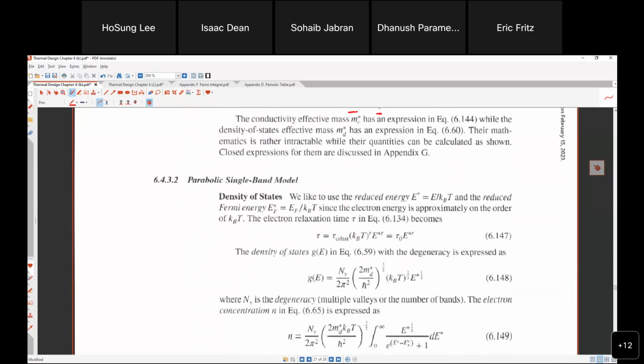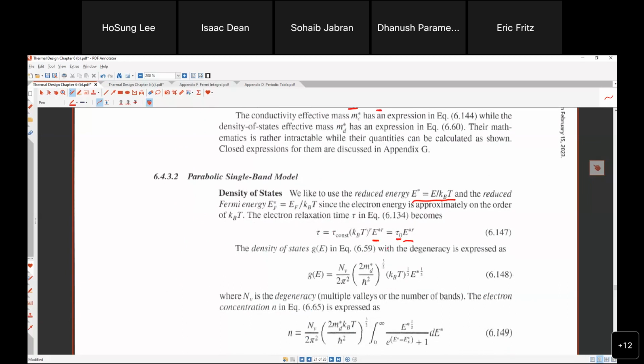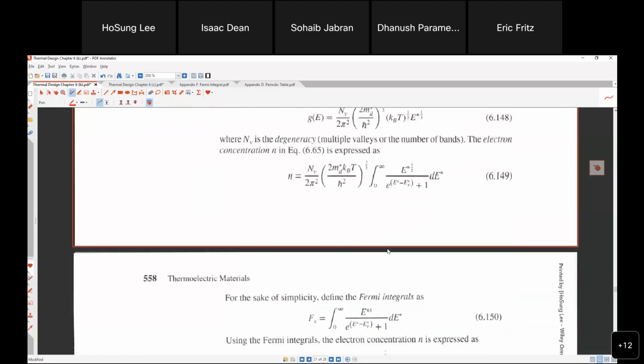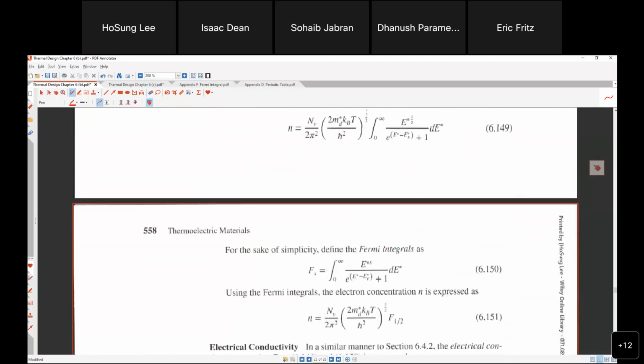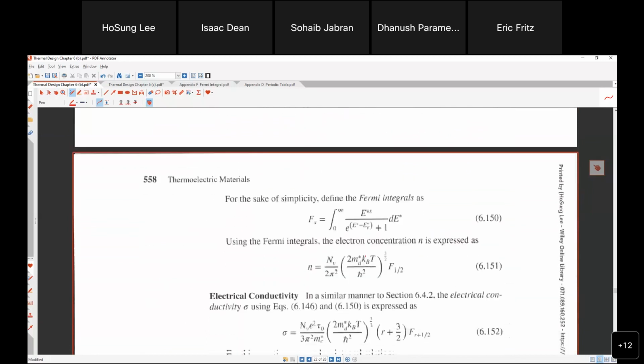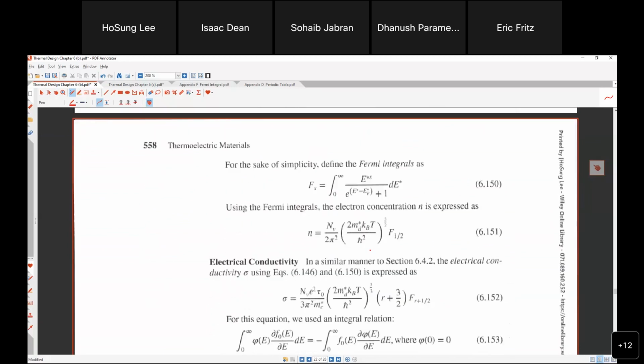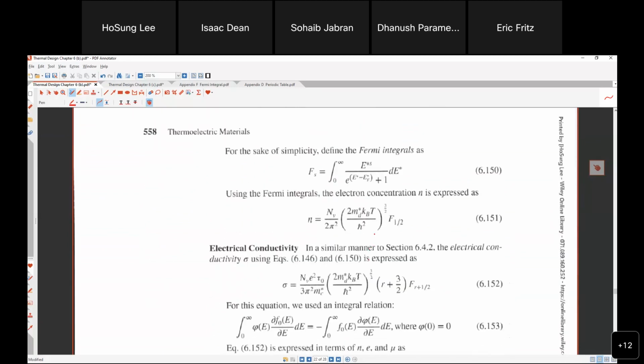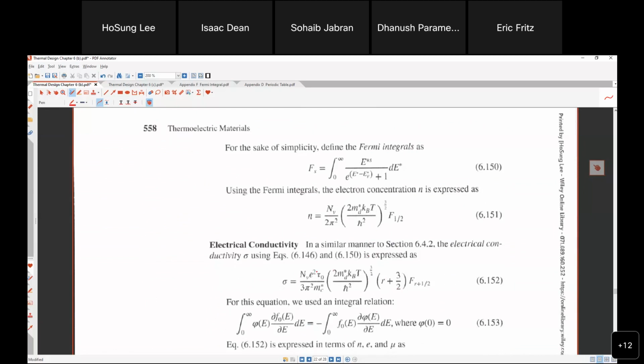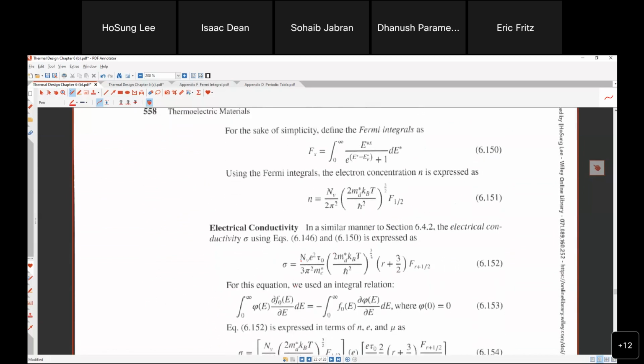Now we're back to the power law. In terms of reduced Fermi energy, the Fermi energy divided by kBT, and then a constant. Then we develop the Fermi integral. The Fermi integral is convenient.